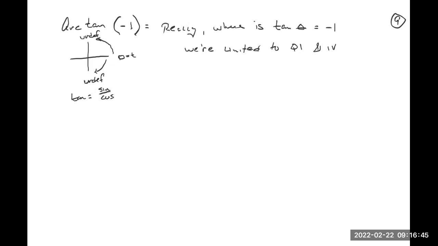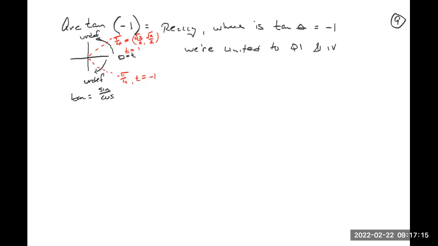So tangent at pi over 4 is equal to square root of 2 over 2, square root of 2 over 2. So tangent is equal to 1. And then down here at negative pi over 4, we have tangent then equal to negative 1.